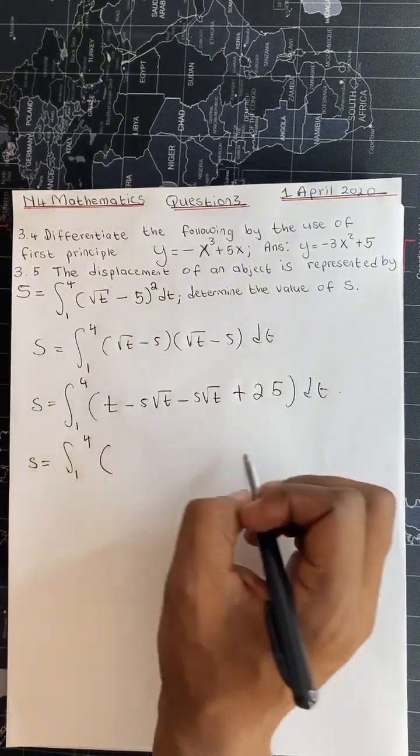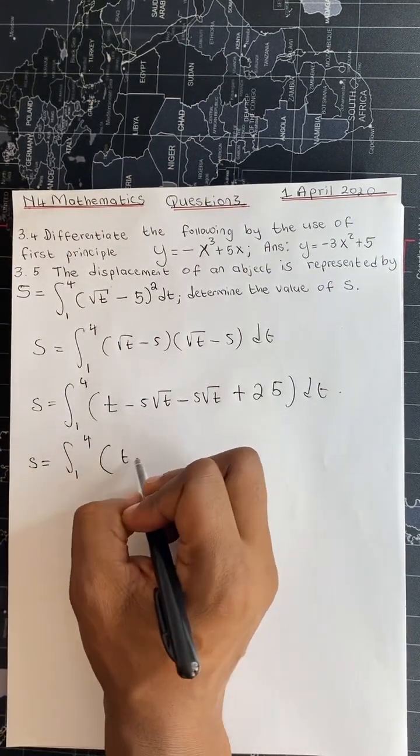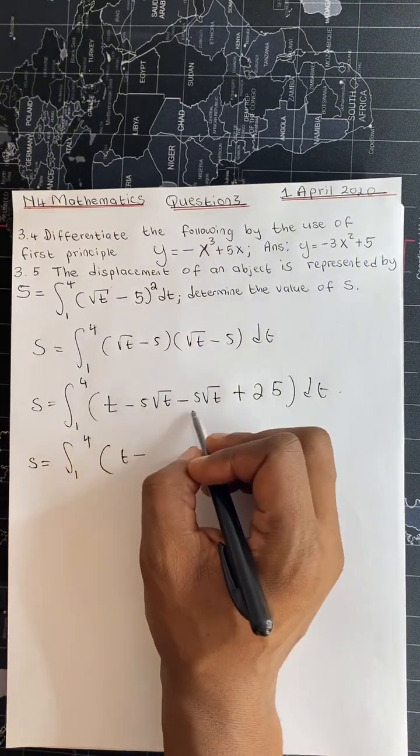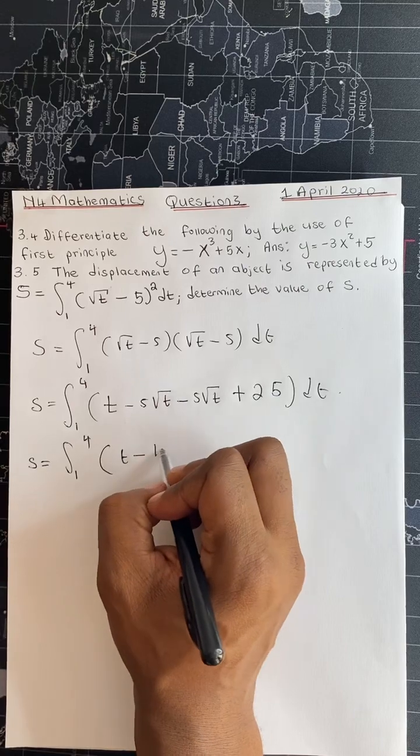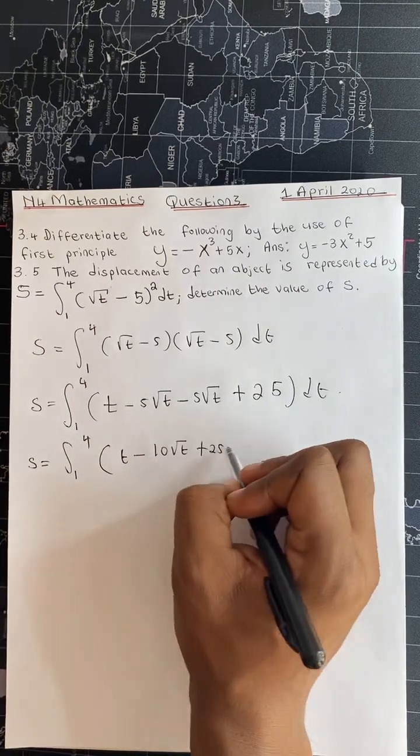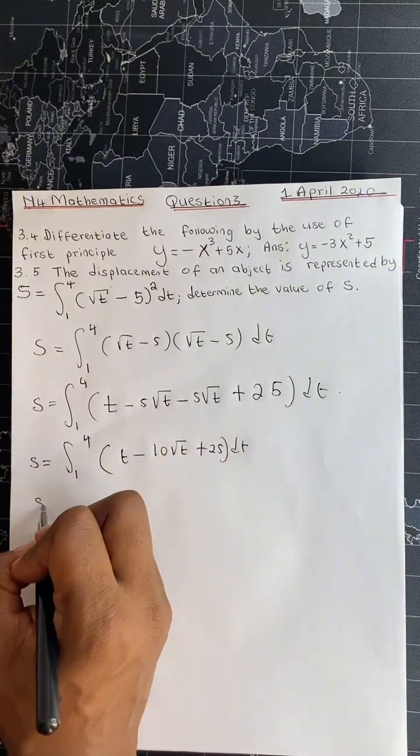So from here we have t minus 10 the square root of t plus 25 dt.